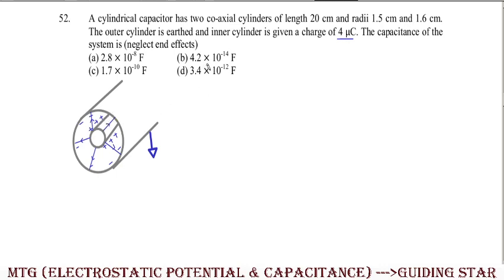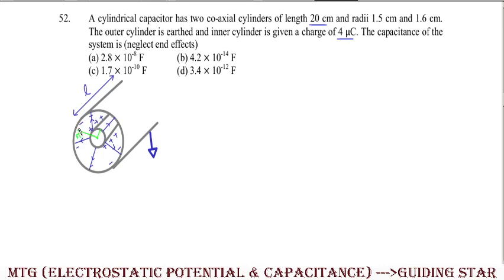Okay, so another piece of information given is that the length of the cylinder is 20 centimeters. So let L be the length of the cylinder, and the radii. Remember over here the radii are very, very important. Let this be the inner radius and let this one be the outer radius.